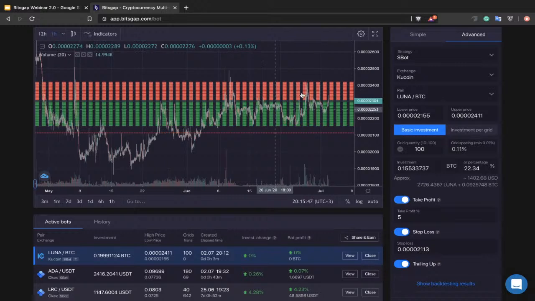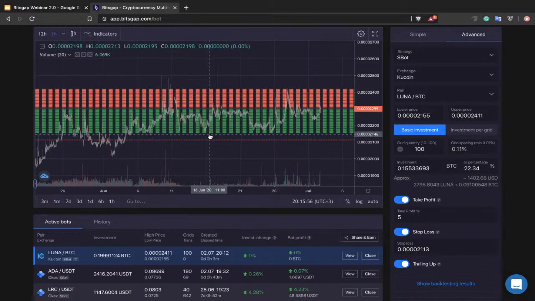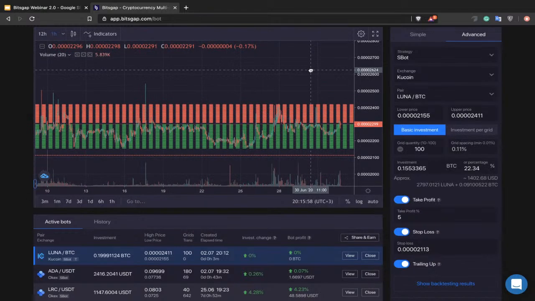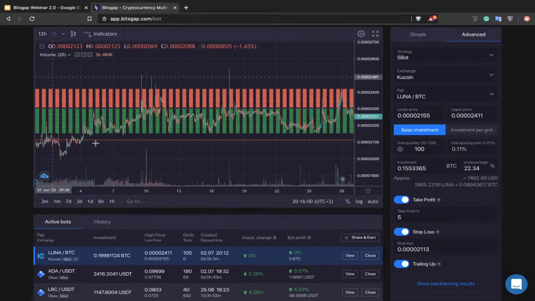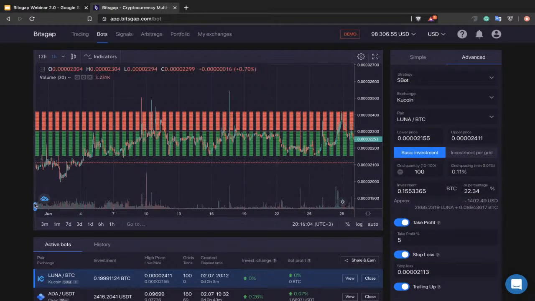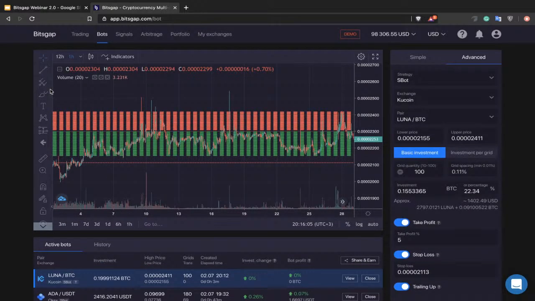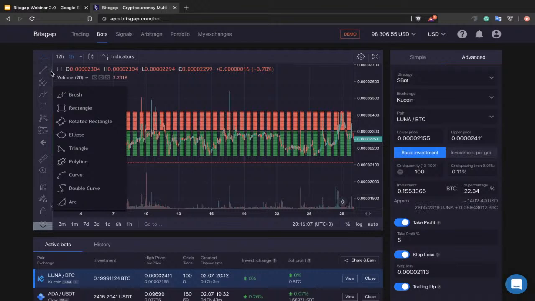So when you see that the price of a certain cryptocurrency is successfully bouncing off the support level, like in this example, you see that's Luna trading to BTC, here we have our support level. Let me just plot this support level.